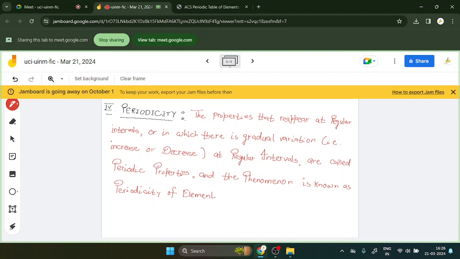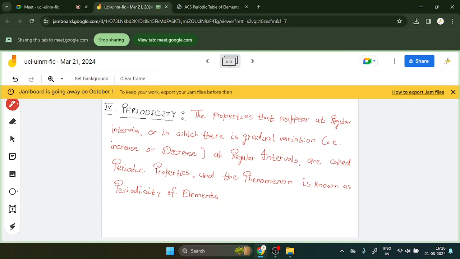Clear? This is called periodicity, which means regular trends, regular reappearance of the properties after regular intervals inside the elements, or there will be some slight variation. That is called the periodic properties, and this phenomenon is called the periodicity.